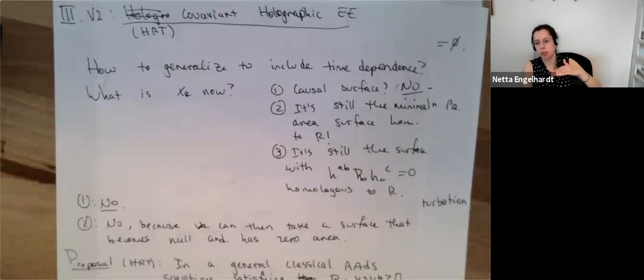Now, if you happen to boost your surface, then it doesn't lie on that slice anymore. And then you don't have any right to continue it to Euclidean signature. You have to continue it to a complexified manifold. It's not that there is no analog of Lewkowycz-Maldacena for the time-dependent case. There is; I think the proof is by Dong, Lewkowycz, and Rangamani.